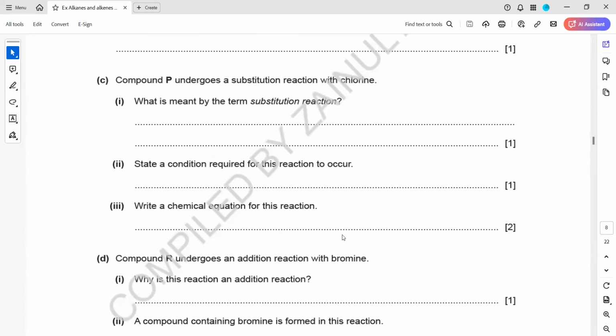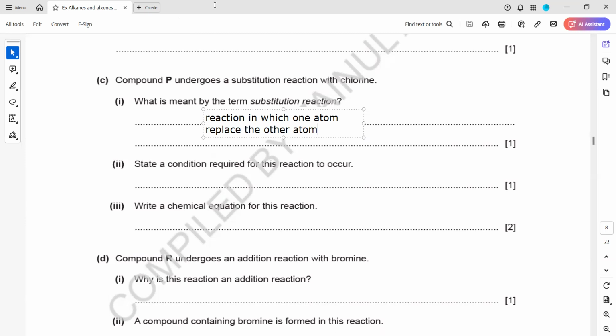So one atom or group is replaced by another atom or group. A reaction in which one atom replaces the other atom.